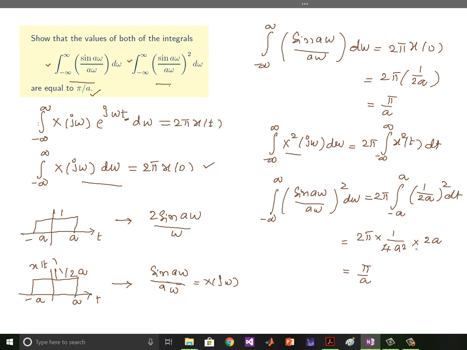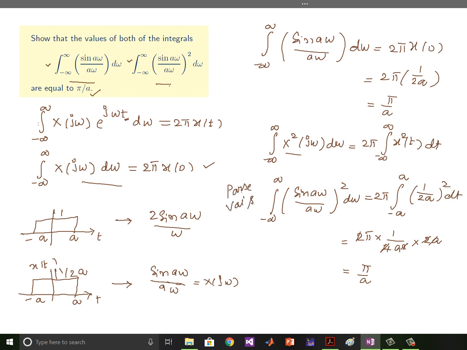This can easily be seen by cancelling one a, and 2 times 2 is 4, which gets cancelled, and what is left is π/a. So clearly we have proved that these two integrals simplify to π/a, and this result we get using the Parseval relation.